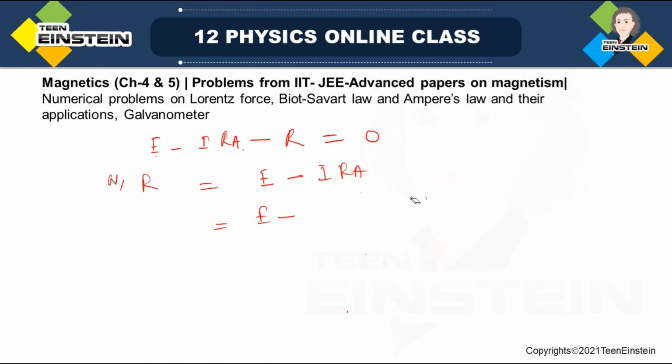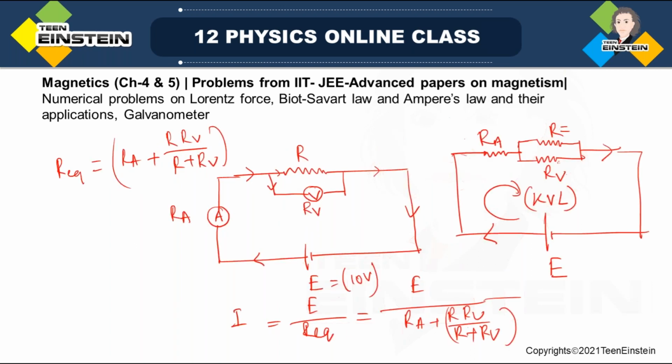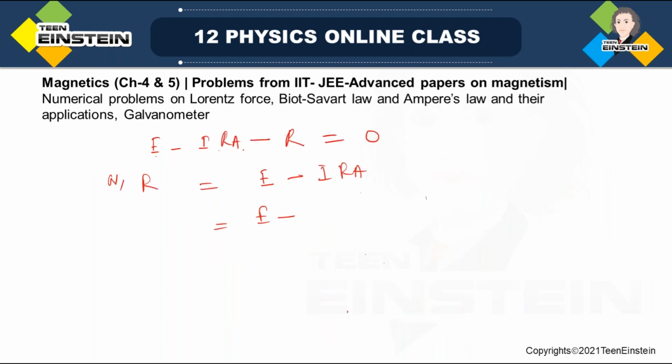Obviously this is a lengthy question. See, current was E by this. So that is what I'm writing here now. E by RA plus RVR divided by R plus RV, whole into RA. Okay, this is into RA.